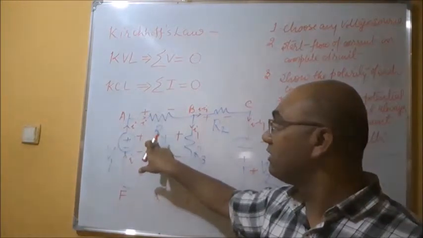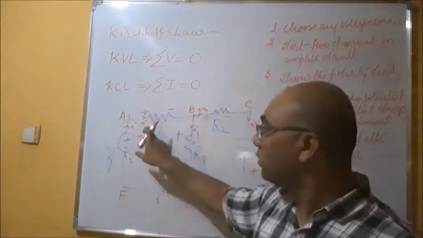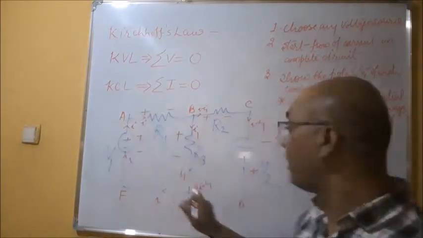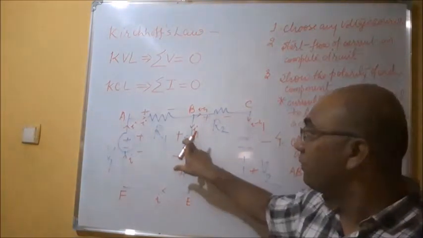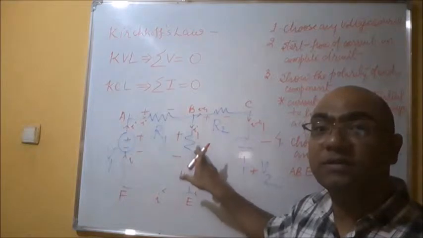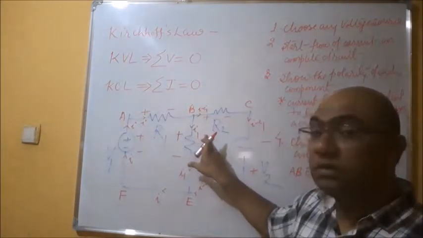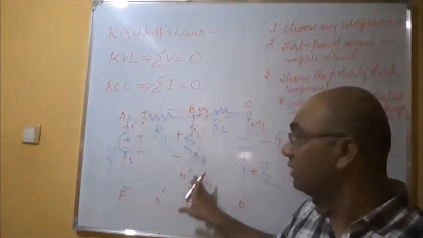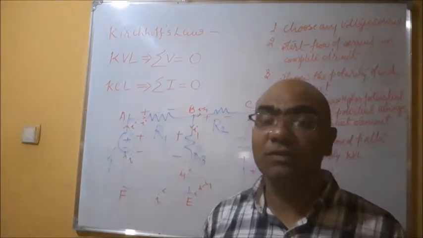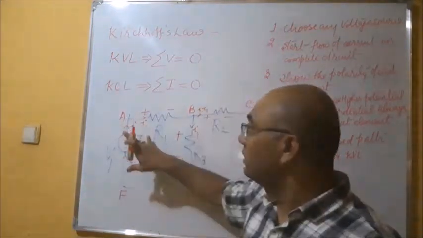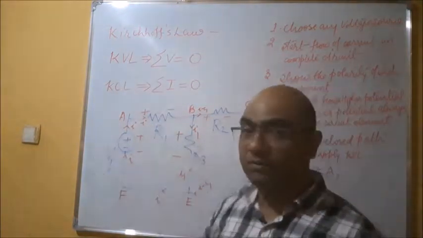The current in R1 is I and the value of the resistance is R1, so the voltage across this resistance is I R1. Similarly, the voltage across R3, where the current is I1, is I1 into R3. And here the voltage is obviously the value of the given voltage source V1. So the voltages are I R1, I1 R3 and V1.